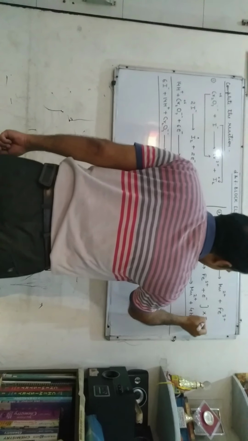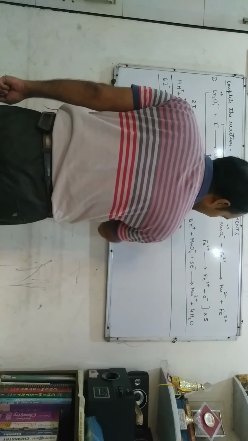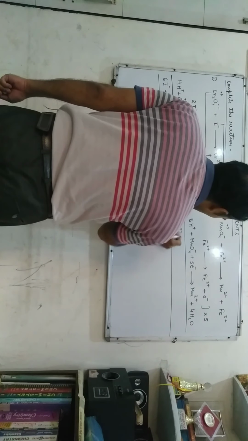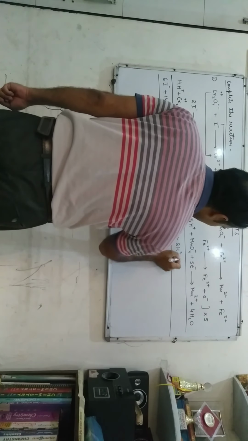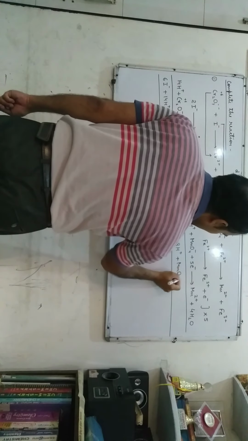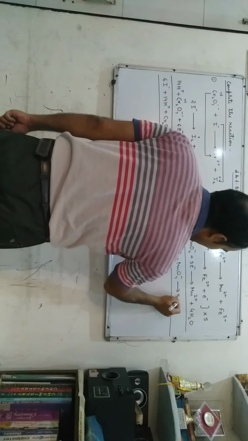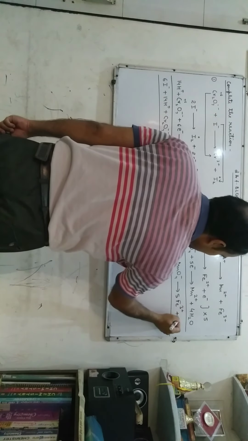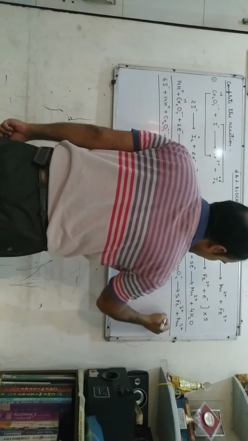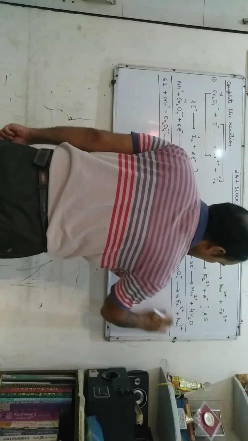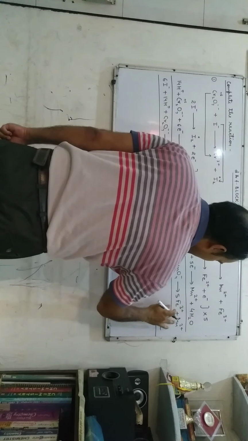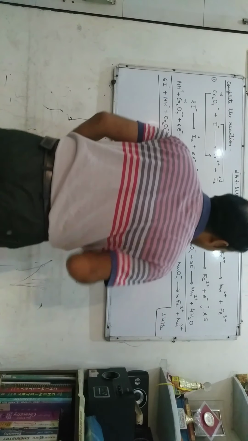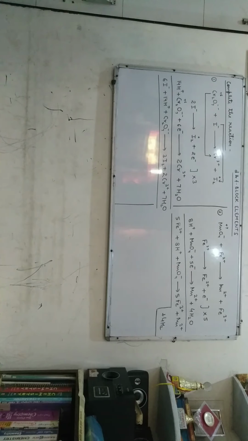Multiply this equation by 5 and then adding both equations we get 5Fe2+ plus 8H+ plus MnO4- gives 5Fe3+ plus Mn2+ plus 4H2O. So this is the correct way to balance the equation. With the help of this method, we can balance and complete the chemical reactions.